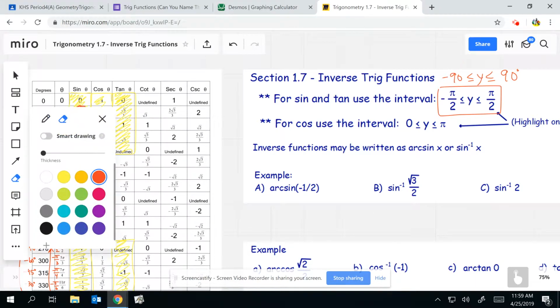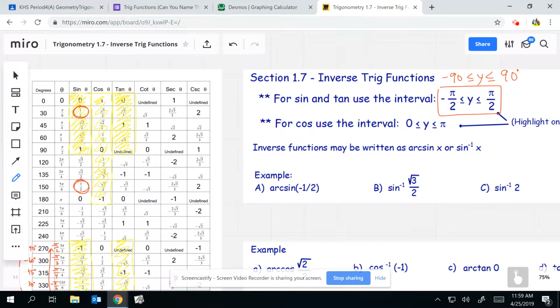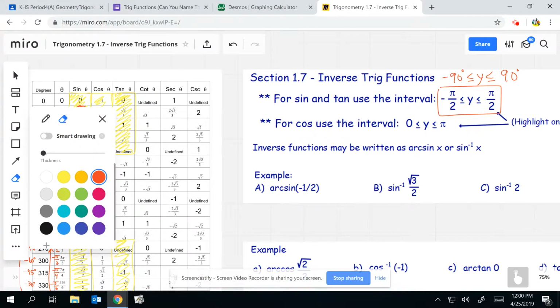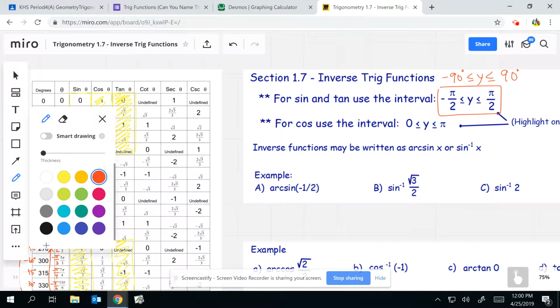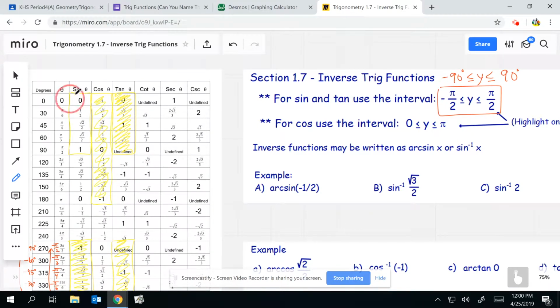It's not going to give you a number greater than 90 or less than negative 90. Even though the sine of 150 is a half, and the inverse sine of a half could be 150, that's not going to come out on the calculator. What you're going to get is the one that will come out on the calculator, which is the 30 degrees.